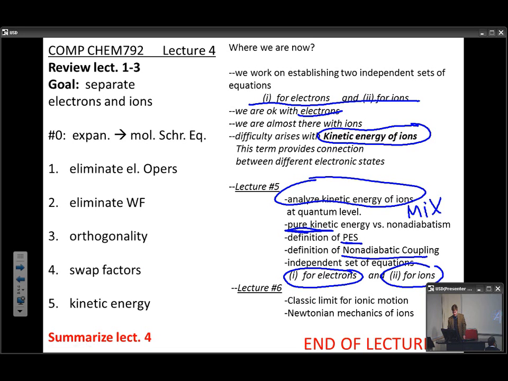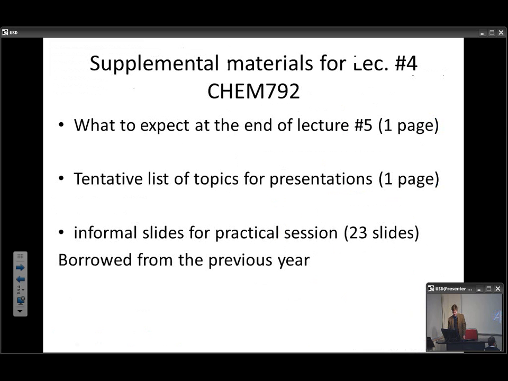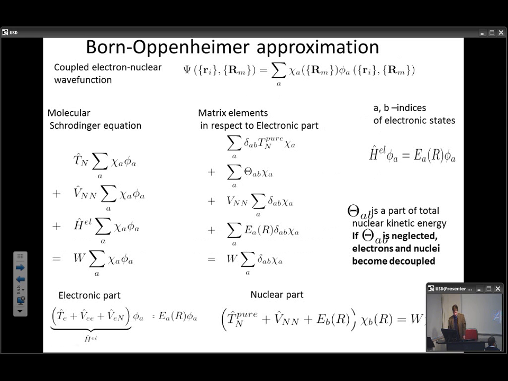So as an announcement, I can briefly show you how the final result looks. After finishing the next theoretical segment of the course, we will see this part, which is the electronic equation that we were already discussing: the kinetic energy of electrons interacting with each other, and the electron-ion interaction.